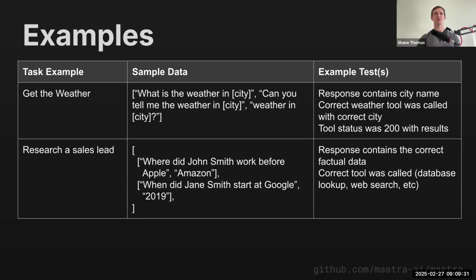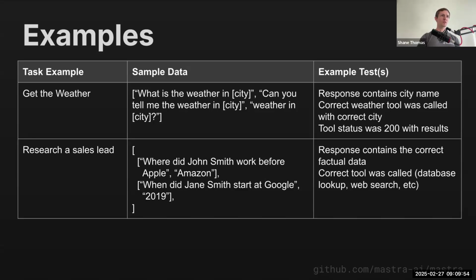Then you'll have a test that would say, did the response contain the city name? Was the correct weather tool actually called? Was the tool status 200 and did it have actual results? So you can think of how you would script something like that, so that when you run this test suite, all those different variations are run and all the data is validated that it came back and was run correctly.